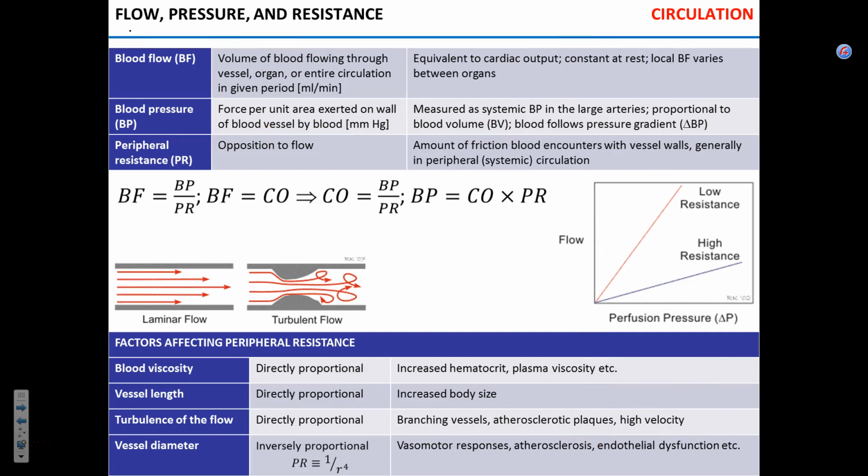So, blood vessels are essential regulators of the blood flow and blood pressure. So let's define each term. So what is blood flow? It's the volume of blood that goes through a certain structure in 1 minute, measured in milliliters per minute.